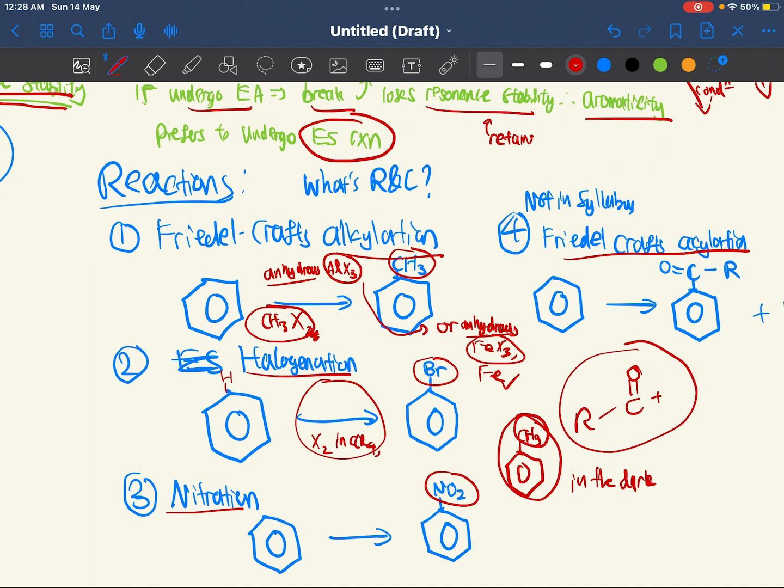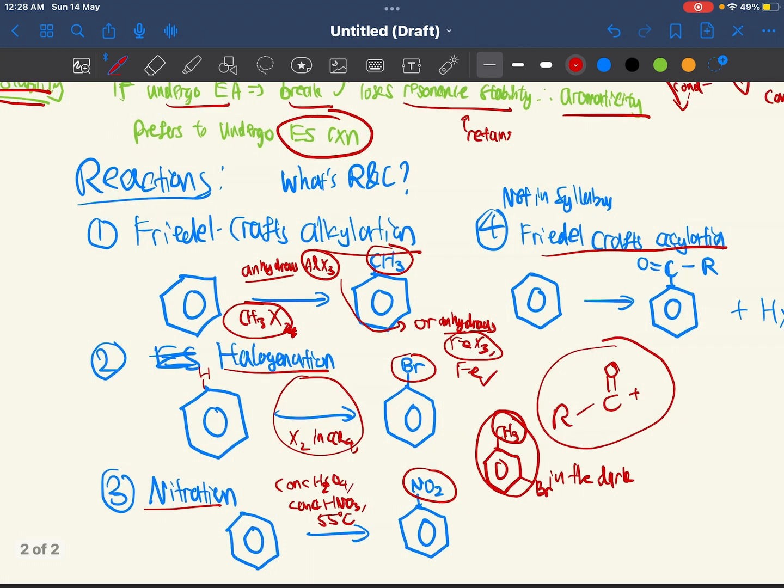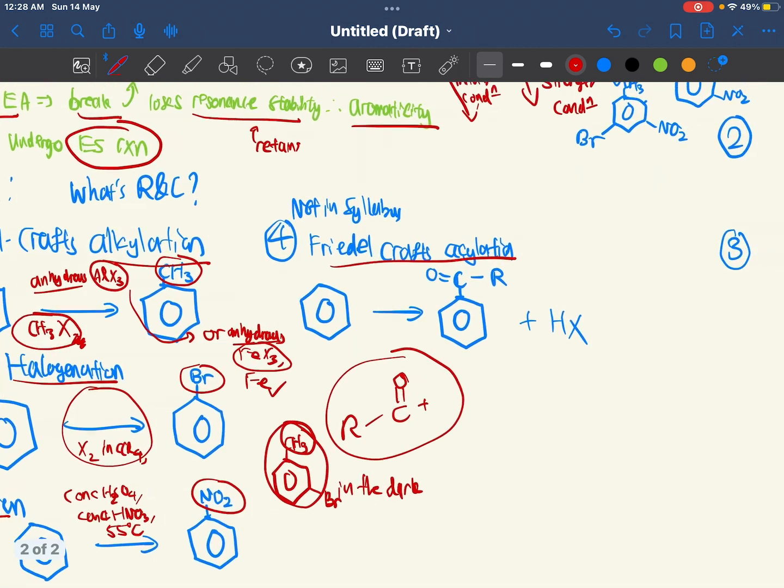We only want the halogen atom to attach to the benzene ring. Then for nitration, it is conc. sulfuric acid, conc. nitric acid, and 55 degrees Celsius. So you must remember the temperature.